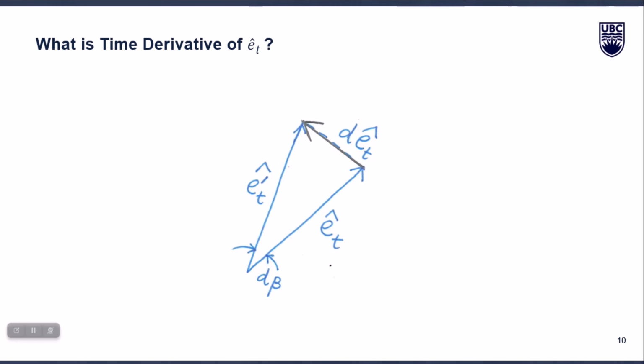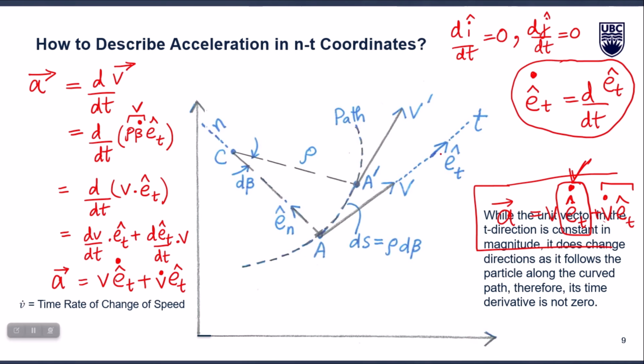In order to determine this derivative, the time derivative of E sub t cap, what I did here is that I simply took this E sub t vector from this figure, and obviously there will be some new E sub t here. Let's call it E sub t prime vector.